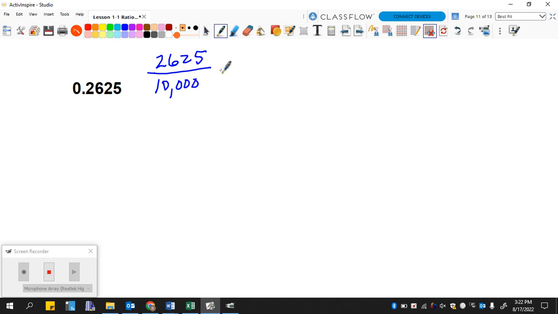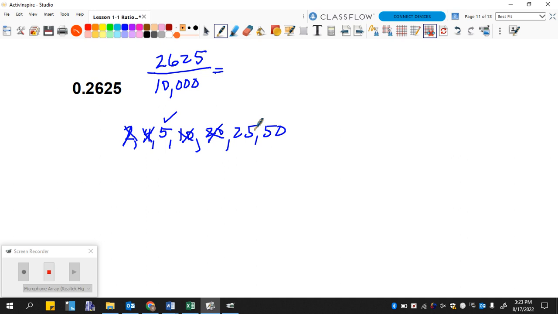When we look through here, we have 2, 4, 5, 10, 20, 25, and 50. 2, no. 4, no. The reason I just use this is because if it goes into 100, it'll also go into 10,000. 5, yes, 5 would. 10 doesn't go into 2,625, so 10, no. 20, no. 25.